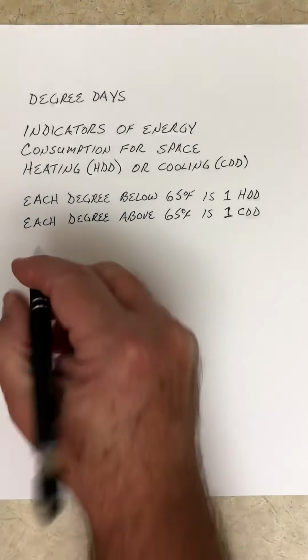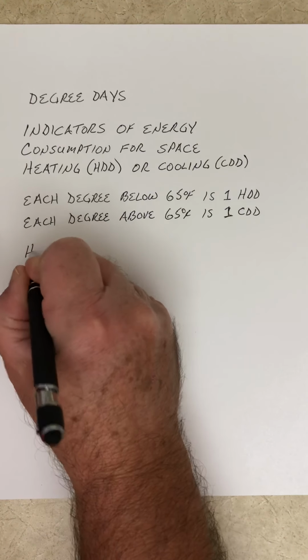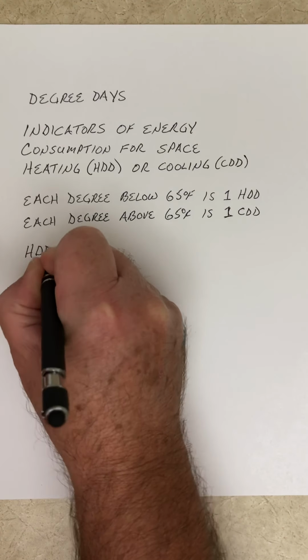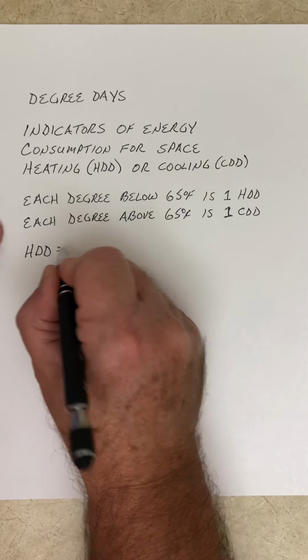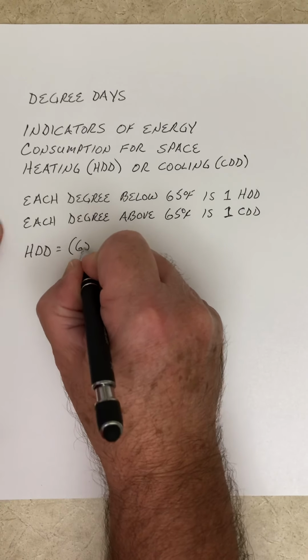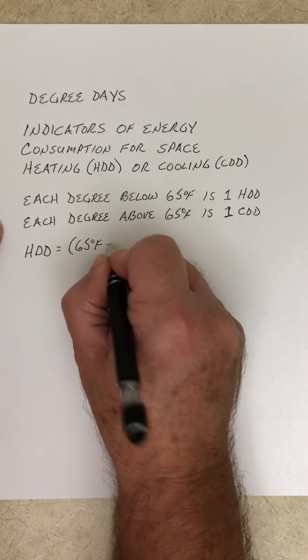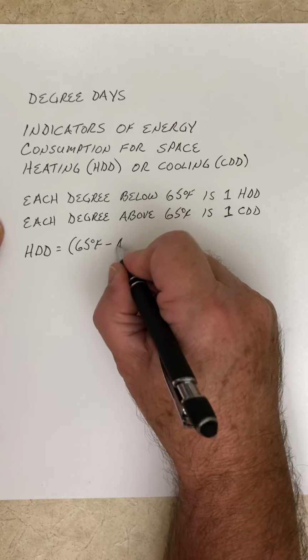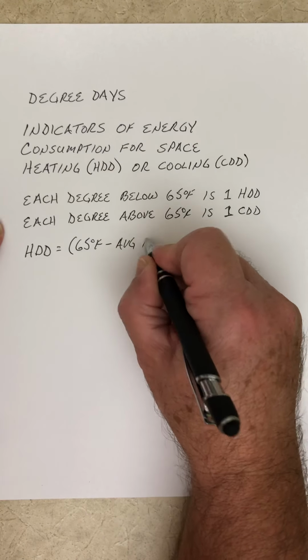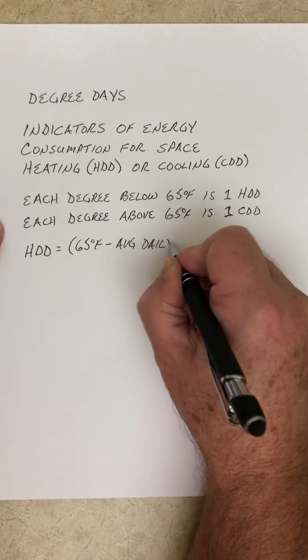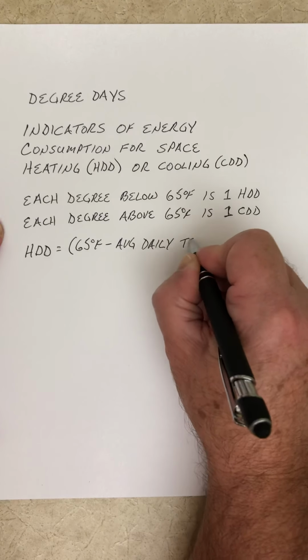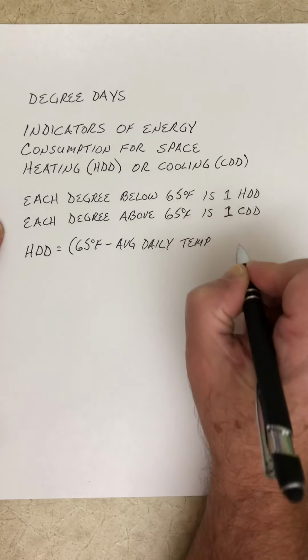So the equation is very simple. Heating degree days are calculated as 65 degrees Fahrenheit minus the average daily temperature. And that's it. That's the entire equation.